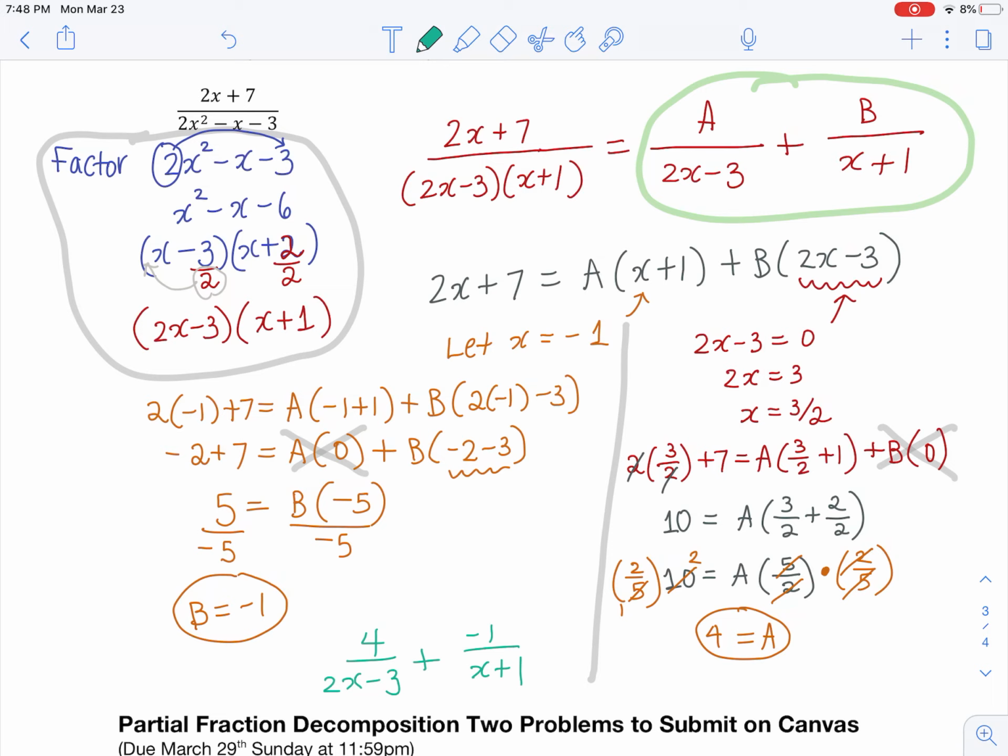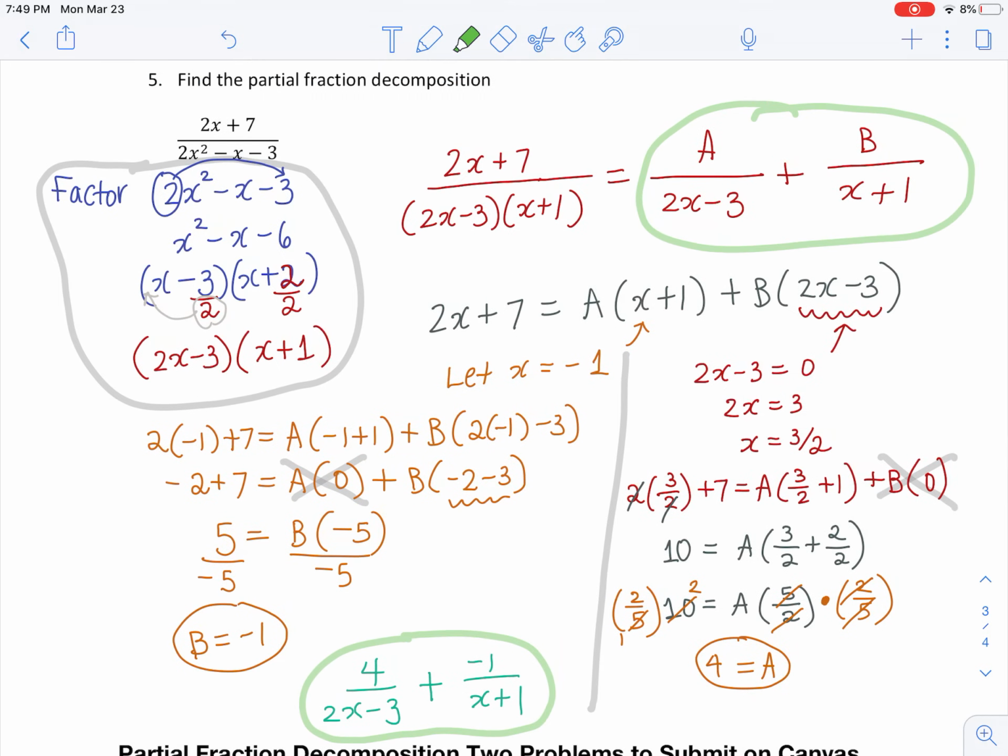You know what, guys? I can write it this way, or because we're adding a negative 1 over x plus 1, you can write this as the first fraction subtracting the second fraction. I guess that's okay if you want to. If not, you can leave it like that. They should be the same answer. So that's your final solution for number 5.